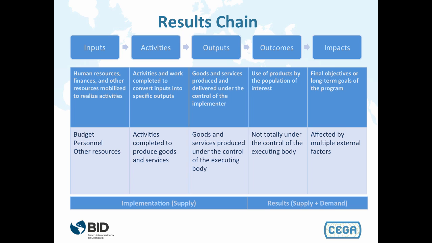The outputs are the number of teachers who took the training and how well they learned. The outcomes would be the extent to which this teacher training led to improved teaching, increased quality of teacher-student interaction, and then impacts would be how test scores change as a result of this.